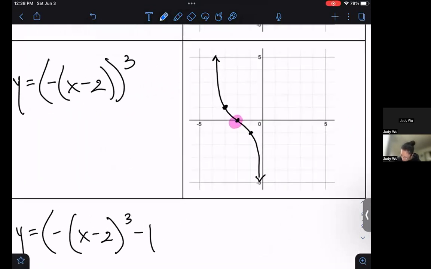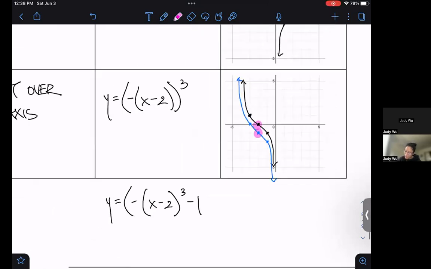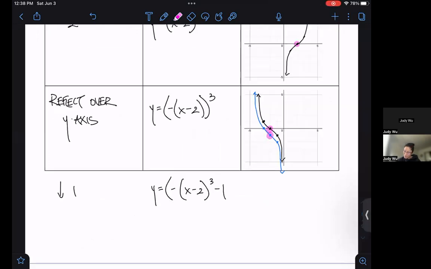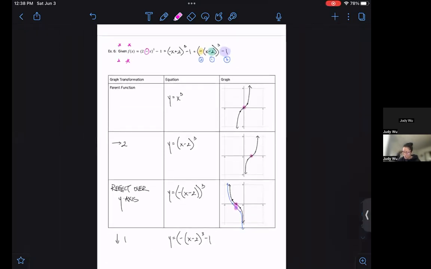But I'll make sure you all have a second graph. So down 1 unit, down 1 unit, down 1 unit. And now when I connect them, I end up with something like this, and that pink point now has moved down 1 unit. Okay, let's get this all on one page so you can see it.